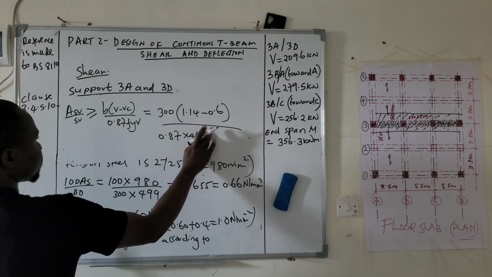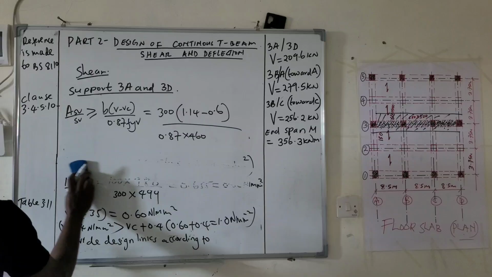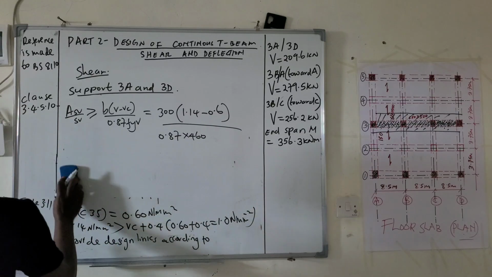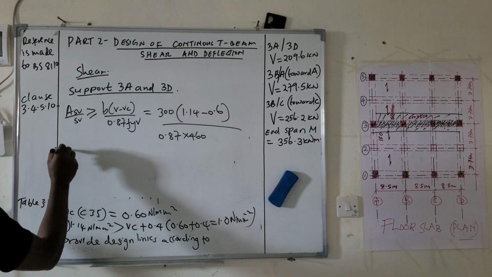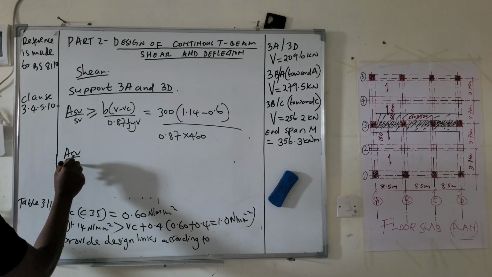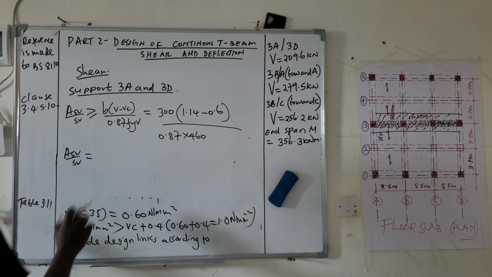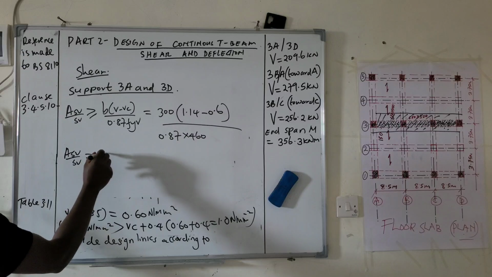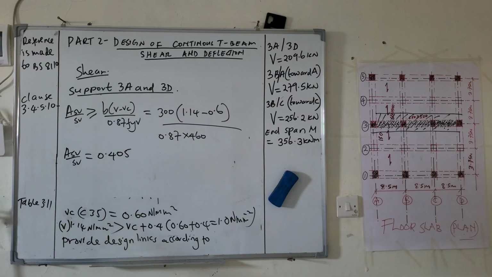Yes, times 460. So this one is equal to, if you punch this in your calculator, you will get 0.405.